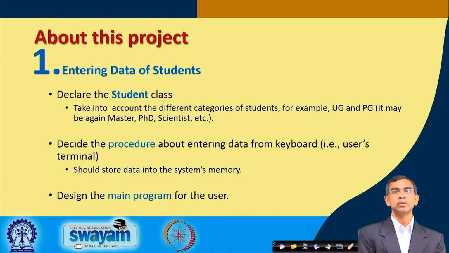This class should take into account different varieties of students. Students may not be uniform; there may be different categories, like some students studying only an undergraduate course, some a postgraduate course, namely MTech or PhD. There may be some higher than the PG course also, say a postdoctoral fellow or scientist.